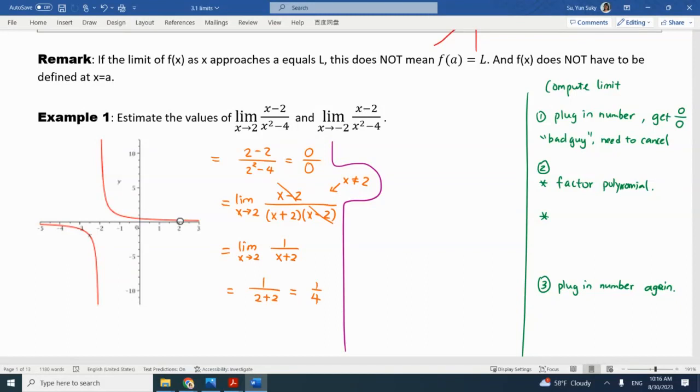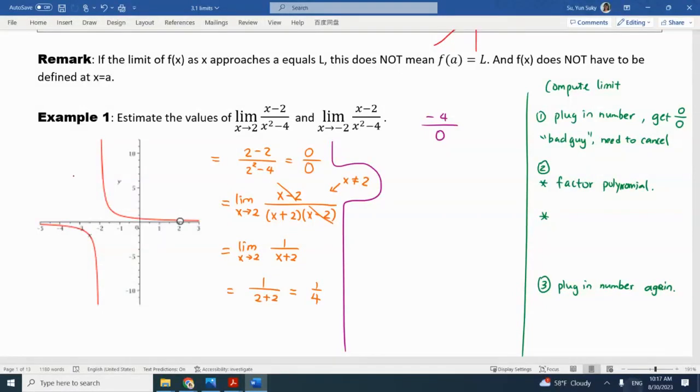Let's see. If you plug in negative 2, what happened to the numerator? We have numerator is negative 4, right? But your denominator is still 0. Right, everybody?